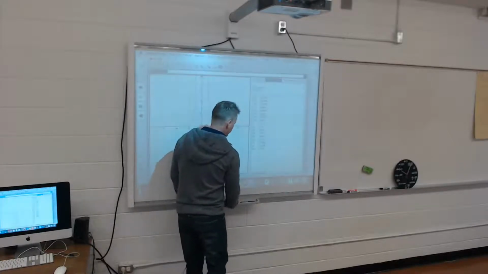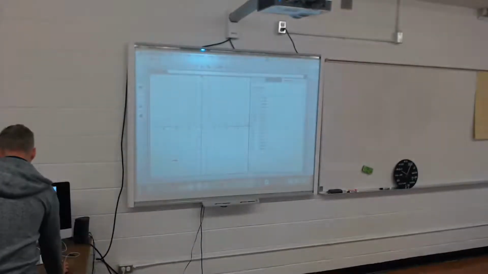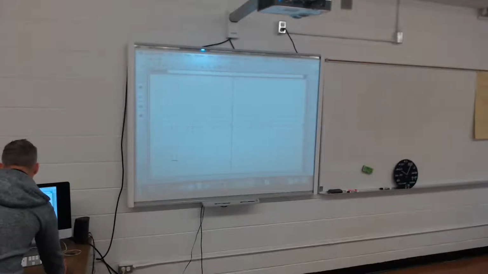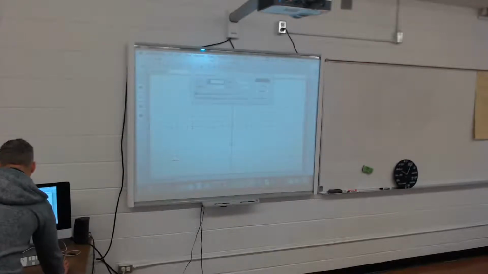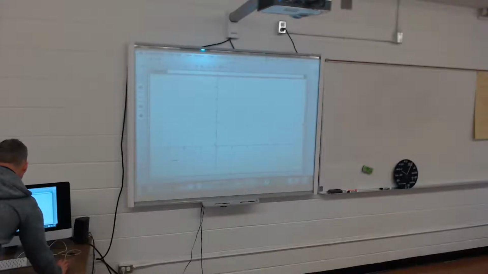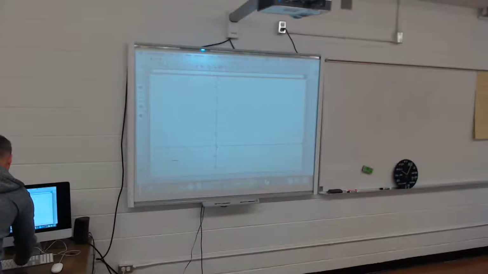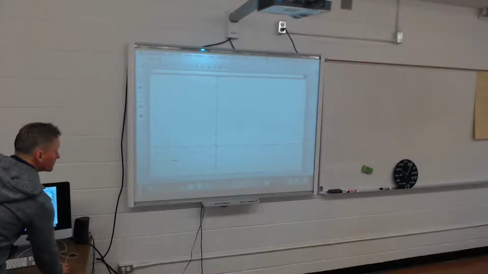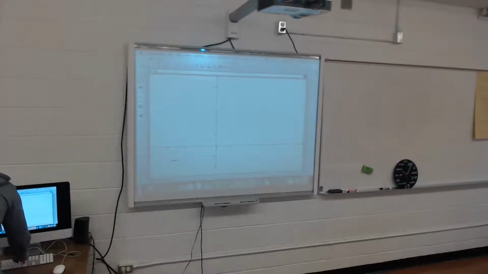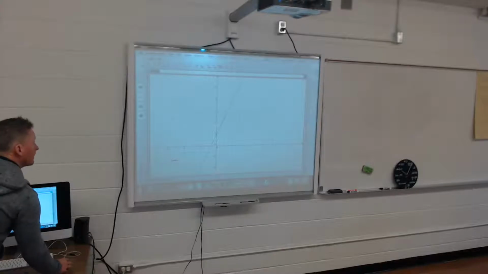So what I'm going to do is go back over to here. I'm going to graph the first one, which was y equals 3x plus 2. So I have it there.